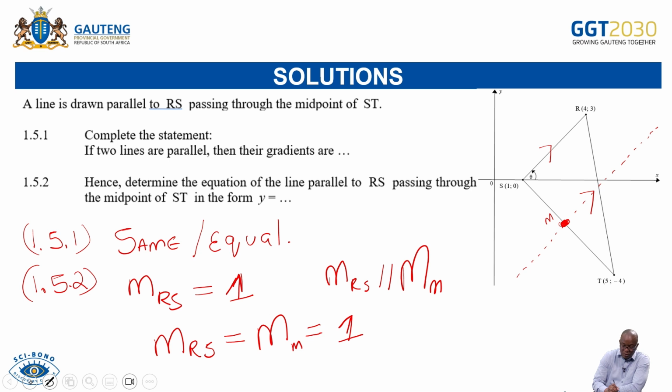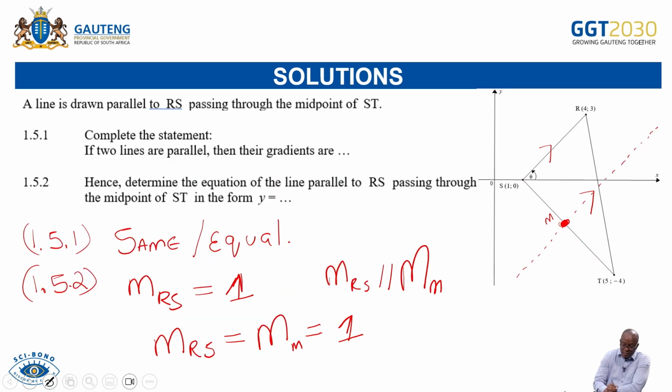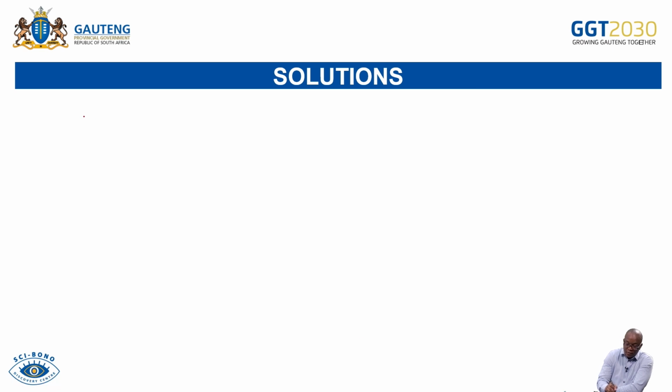So how do we do that? Remember, we need a gradient and a point. And the point that we got from there was 3 and negative 2. So we're going to have the gradient, which is 1, and the point, which is 3 and negative 2. Then we can substitute in our formula for the equation of a line.